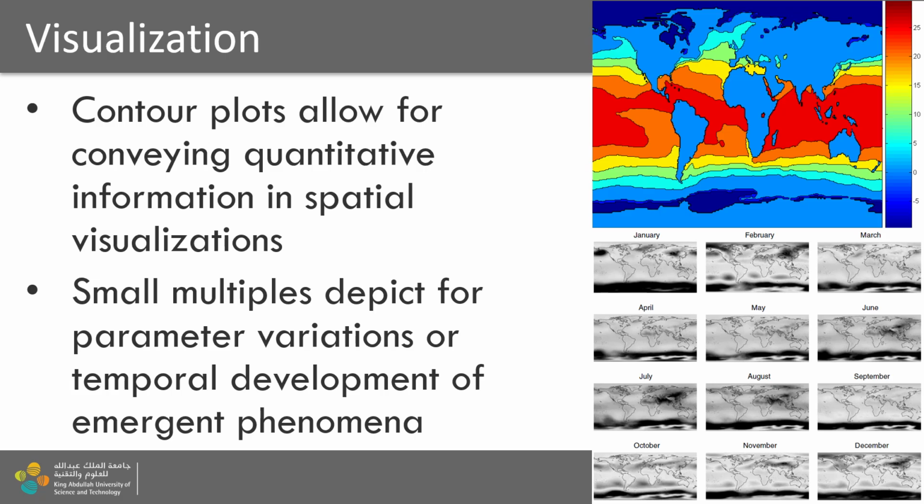But these contours are used in visualization in all kinds of different contexts. For example, here we can again see these sea surface temperatures, and while we have here a continuous color map, these contours have quantized the different colors.